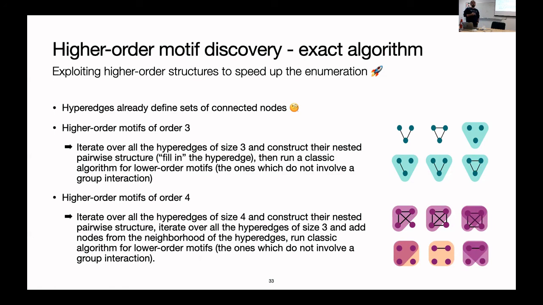What if you do the opposite? You take the most representative motifs of order 3 or order 4, since you can compute the exact motifs of order 4, and then try to build from the most representative motifs to higher order ones.